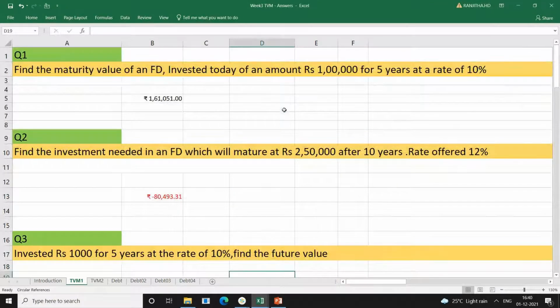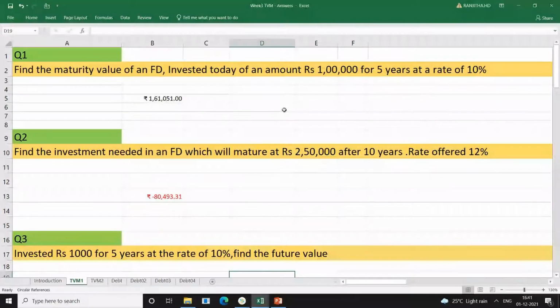Whenever you want to find the maturity after 5 years, whatever amount you want to find out today, they are asking for the investment needed.